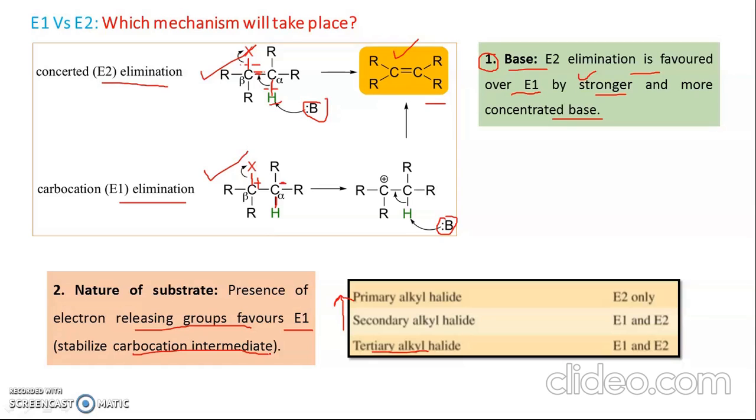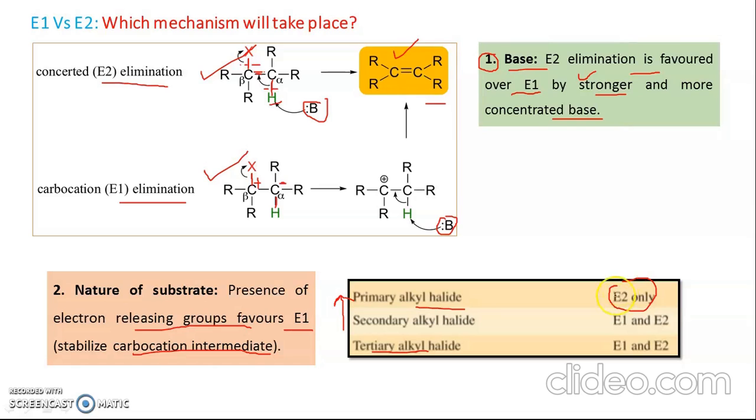So the presence of electron releasing groups makes no change in E2. If your alkyl halide is primary, then it will be mostly E2, because in primary there is no stabilizing factor for a carbocation. So that is why it is E2 only.